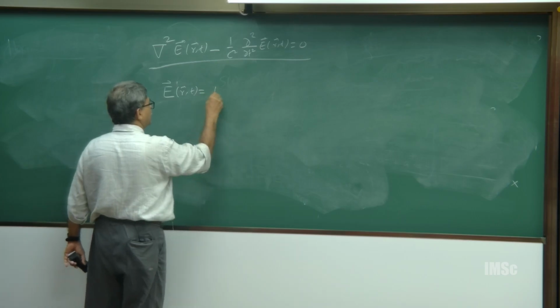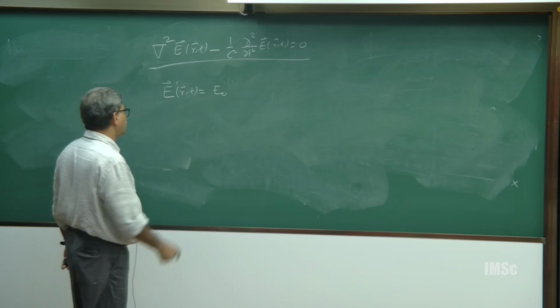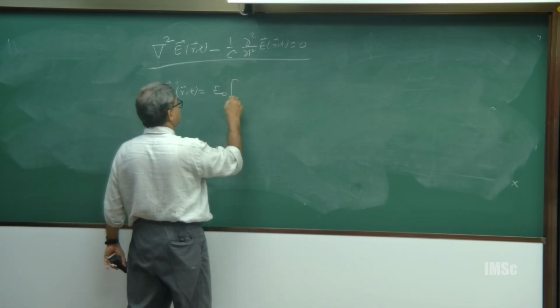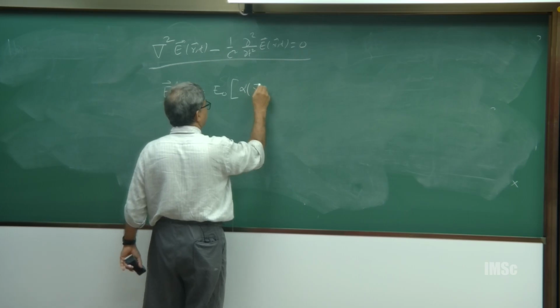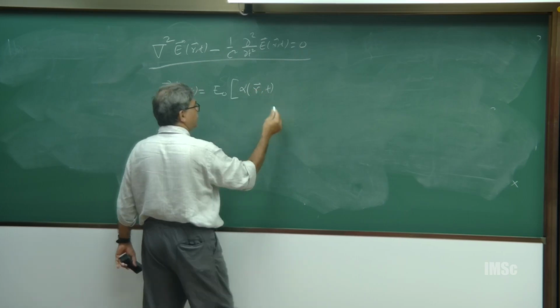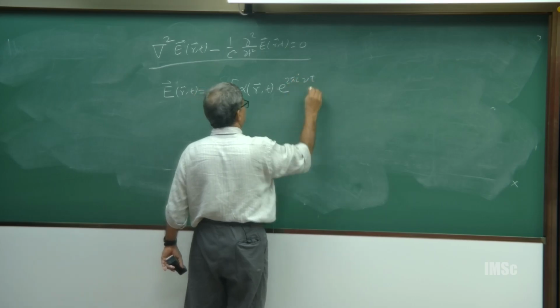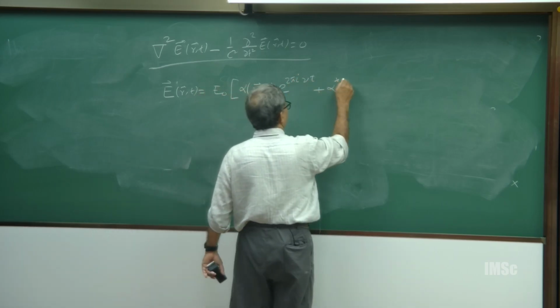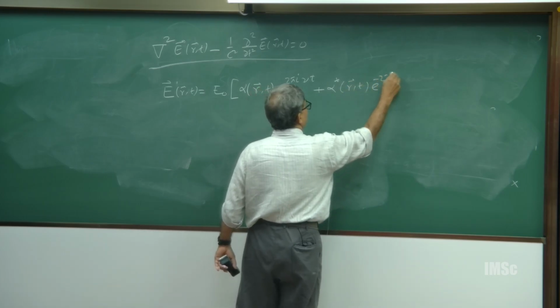what I can do is, let me write it like this, these are dimensionless amplitudes: alpha of r, t e to the power minus twice pi i nu t plus alpha star of r, t e to the power twice pi i nu t.